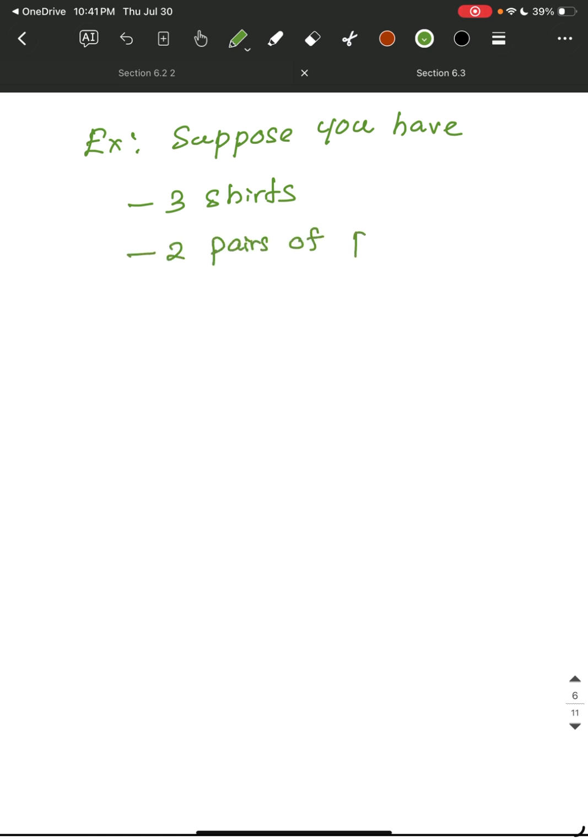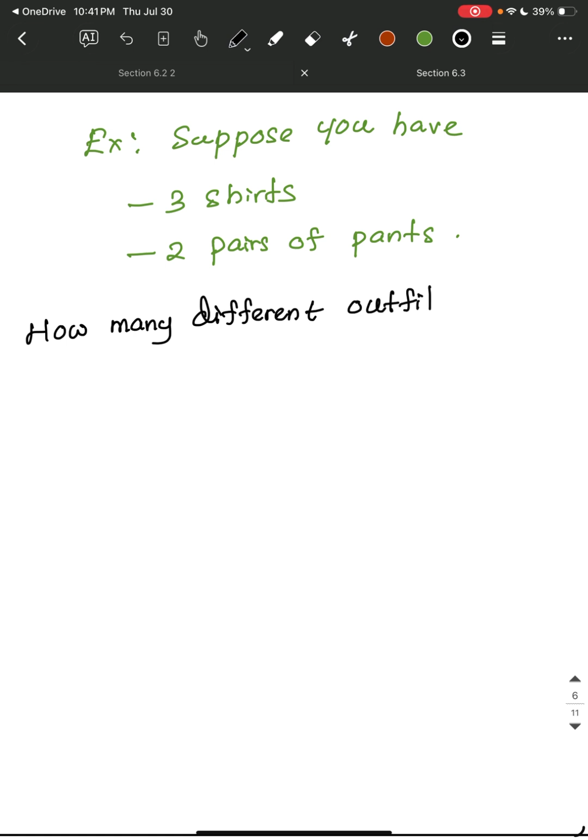How many different outfits can be made? Each shirt can be matched with each pair of pants, right?